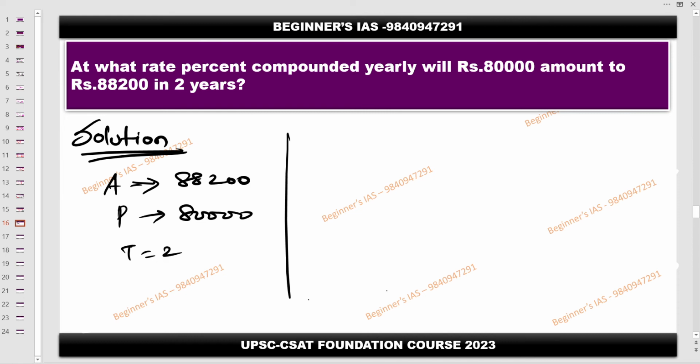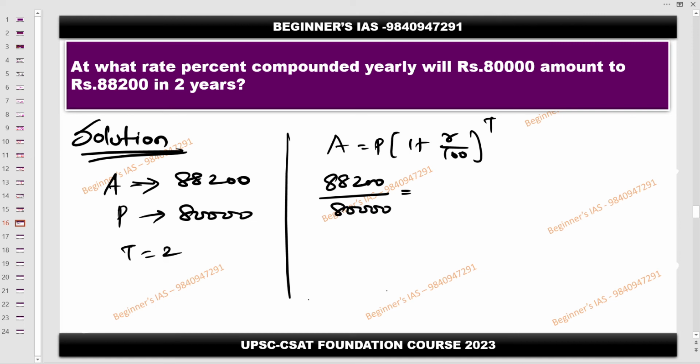The same thing. A is equal to P into 1 plus R by 100 the whole power T. So A is 88200, P is 80000, which is equal to 1 plus R by 100 the whole power 2. Then the 20s cancel, so 441 by 400.